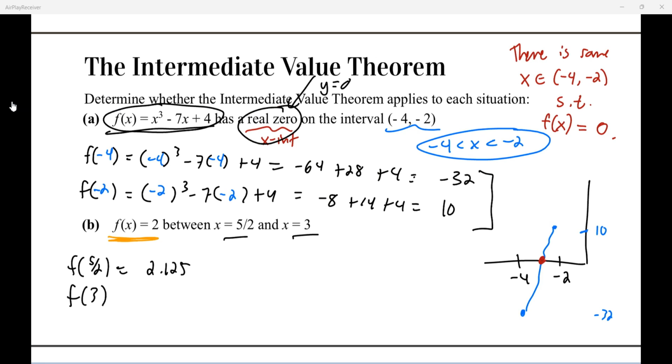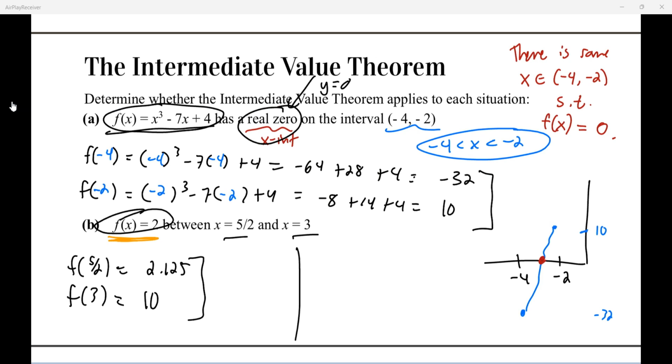And then if we evaluate this for 3, we do 3 cubed minus 7 times 3 plus 4, and end up getting 10. So if we want f of x to equal 2, we'll realize that 2 is not between 2.125 and 10.